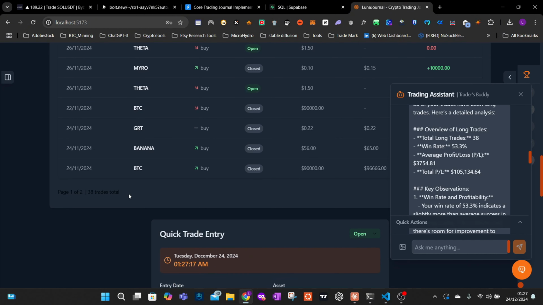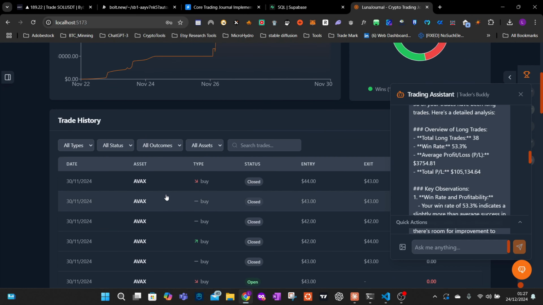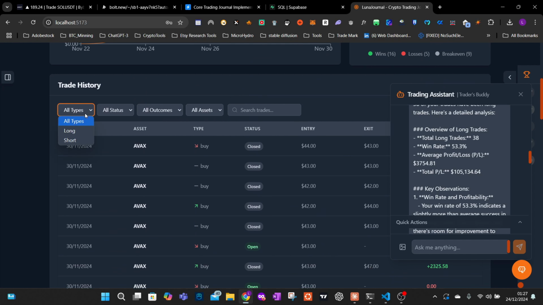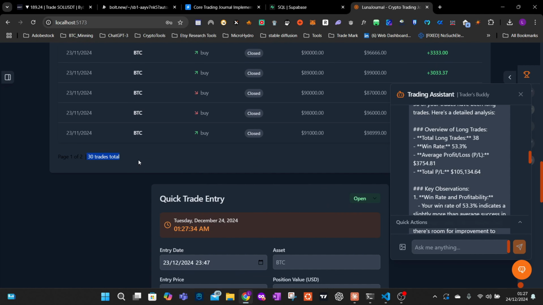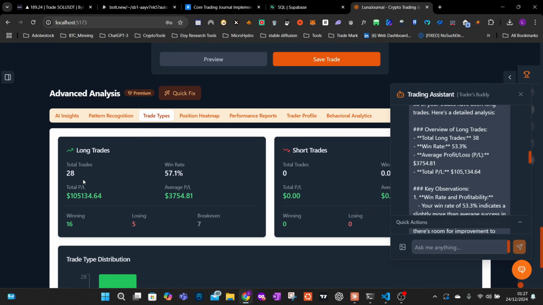You can see there are 38 total trades, but if we look at closed trades, we have 30. So there's still some discrepancies. Here it says 28.